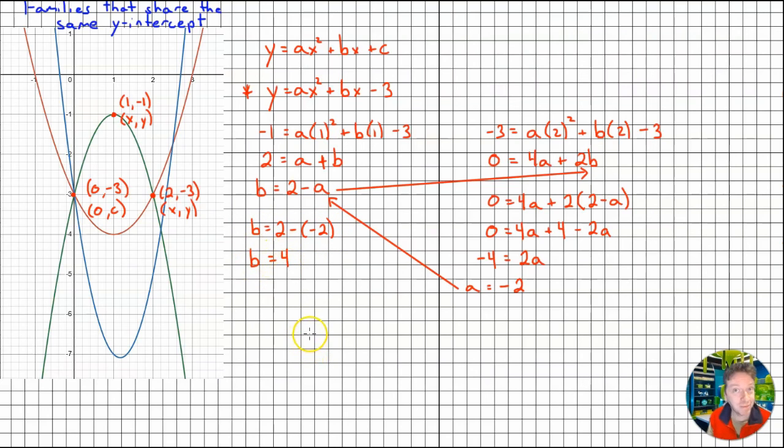So now we know what a and b are. So the equation of that green parabola is y equals a, which is minus 2x squared, plus bx, so plus 4x minus 3. And those are our three families of quadratics.